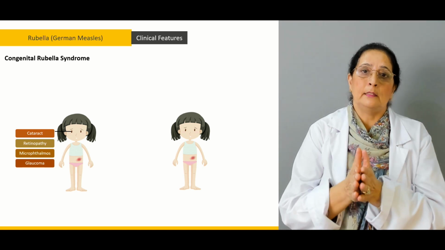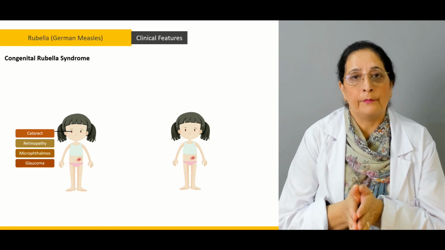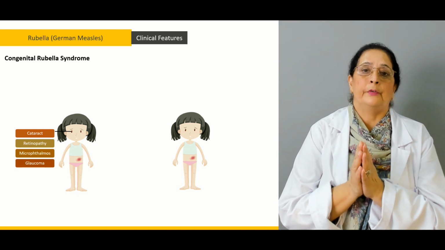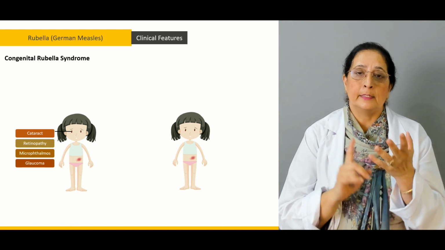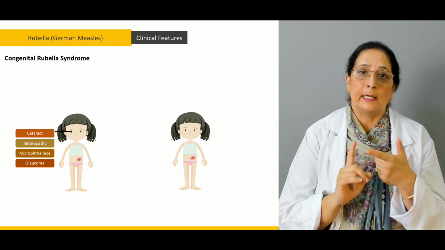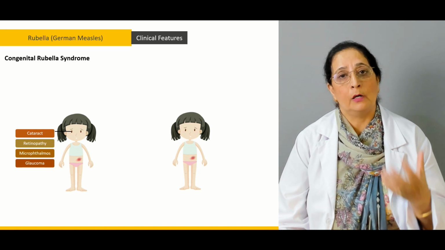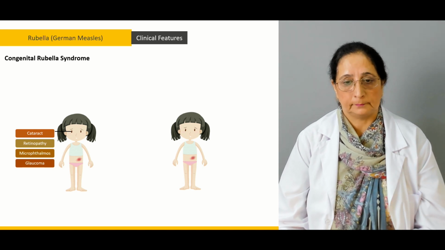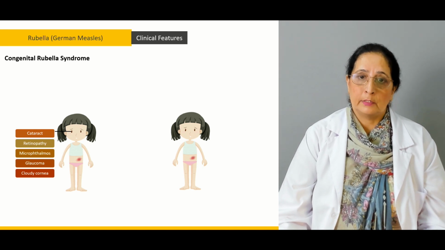So all these are characteristics of the involvement of the eye as a result of congenital rubella syndrome: cataract, retinopathy, microphthalmus, and glaucoma, which is increased intraocular pressure. Then cloudy cornea is also present.